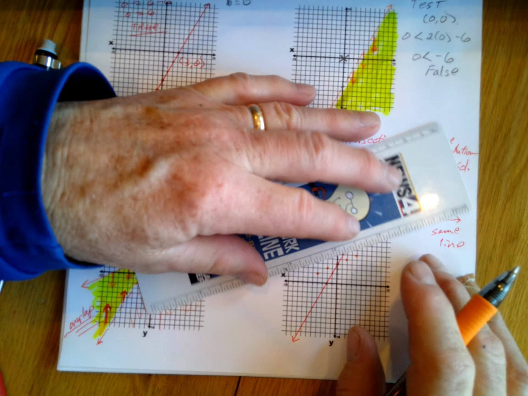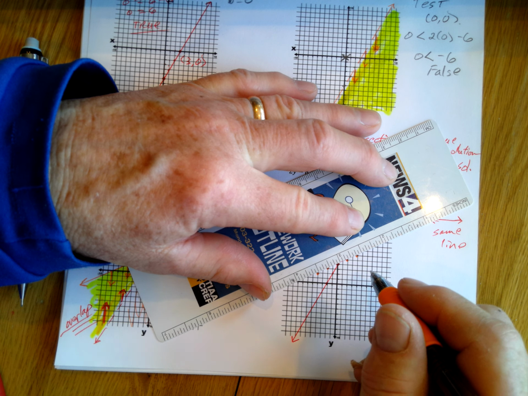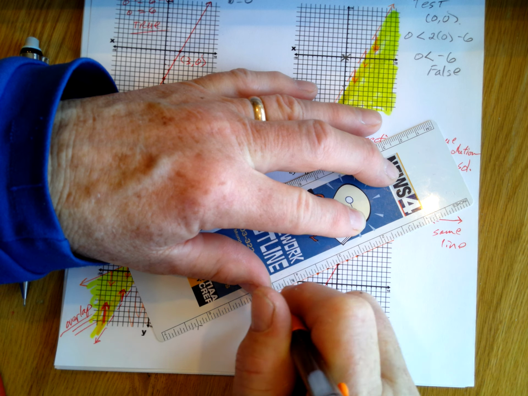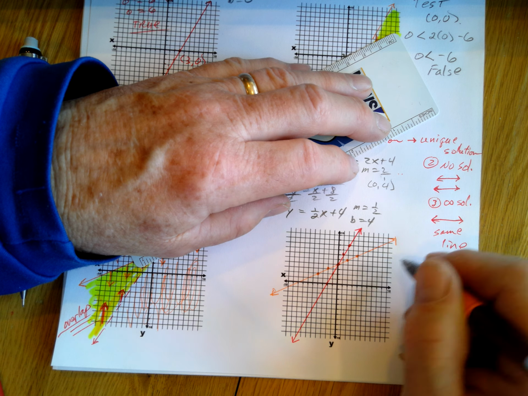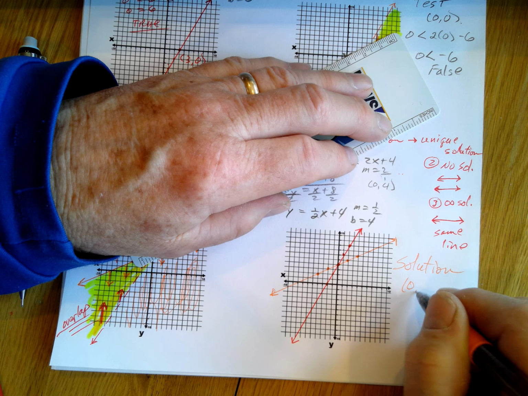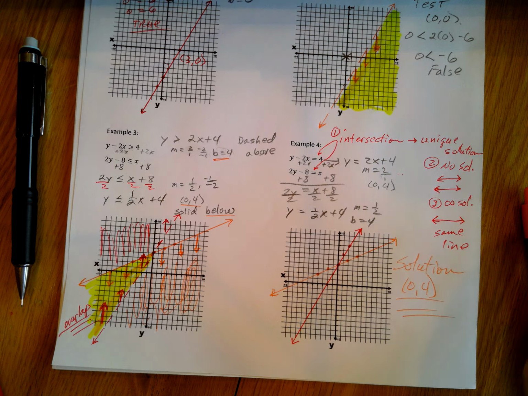I'm just worried about writing out my lines and making sure they go to the right place. So this solution is 0, 4. The y-intercept is our solution because that's where they meet.